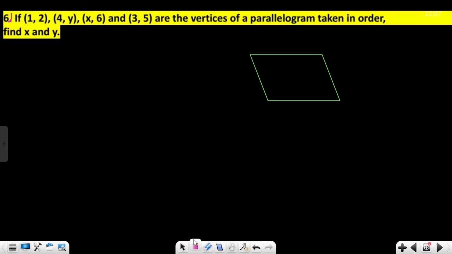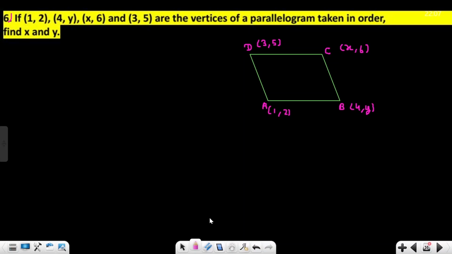So these vertices in order we write A, B, C and D. A vertex is (1, 2), B vertex is (4, y), C vertex is (x, 6) and D vertex is (3, 5). Okay, find the x and y values.